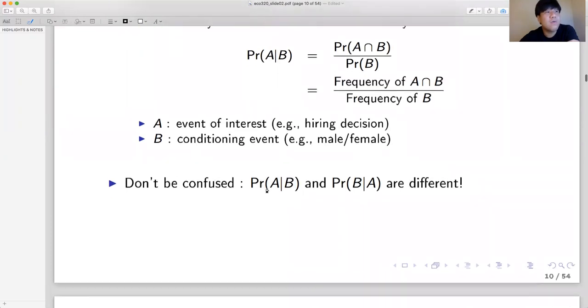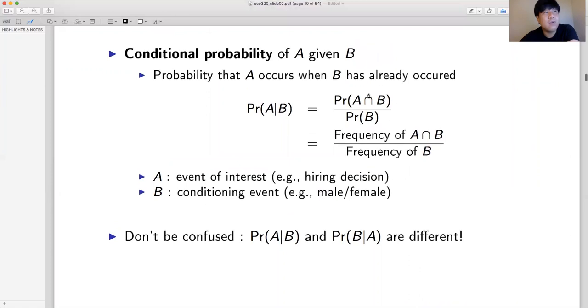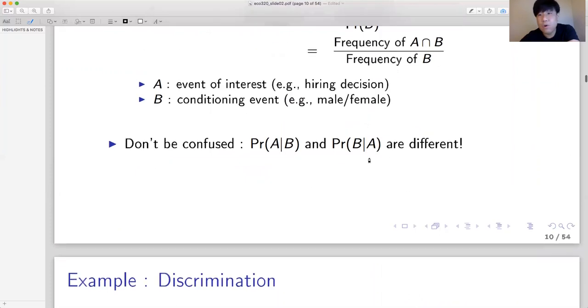You don't have to submit it, but for your own practice: the probability of hired conditioning on female was 15%. Can you try to find the probability of female conditioning on hired? And can you see whether they are the same? Using this formula, please try to work with this.